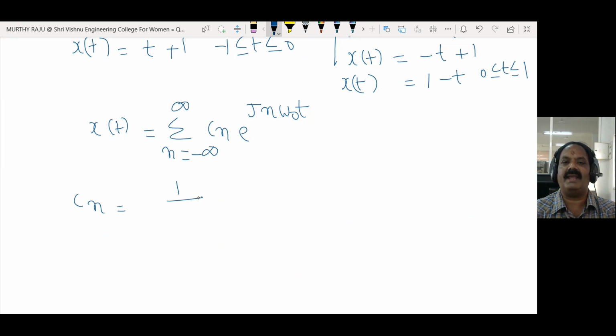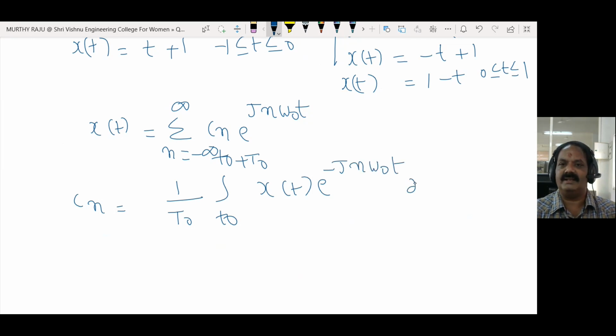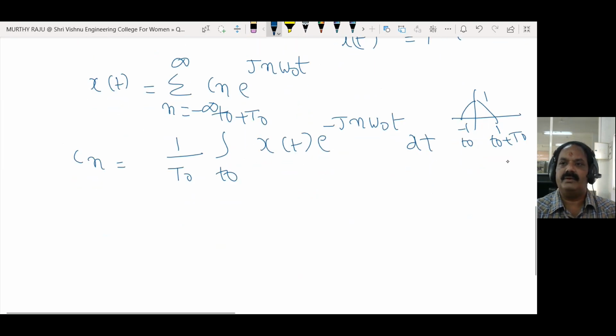Cn is equal to 1 by time period T naught, integral from small t naught to small t naught plus capital T naught of x of t e power minus j n omega naught t dt. Here, for small t naught, consider this waveform: this one is minus 1, this one is plus 1, so this is small t naught plus capital T naught. We know that T naught is equal to 2, already determined at the beginning.